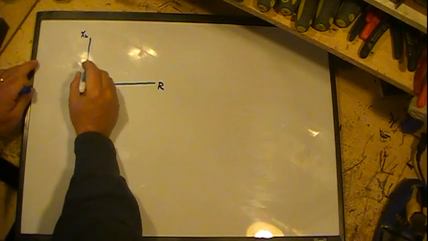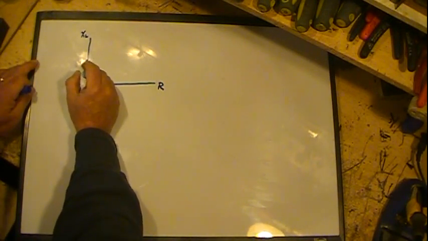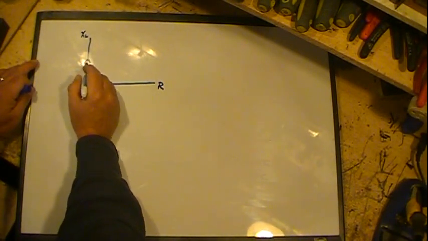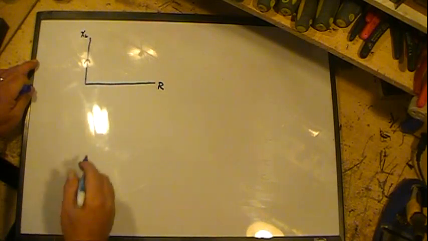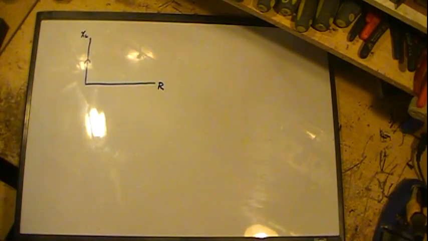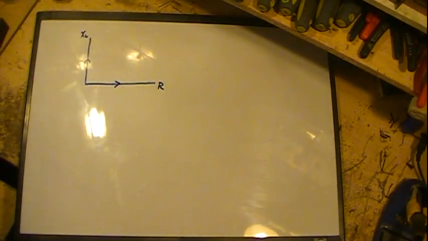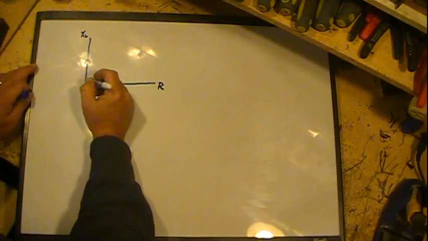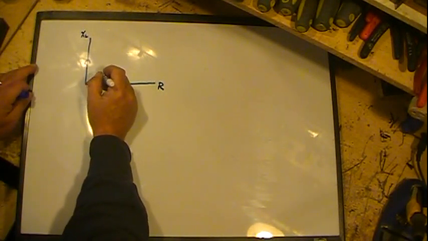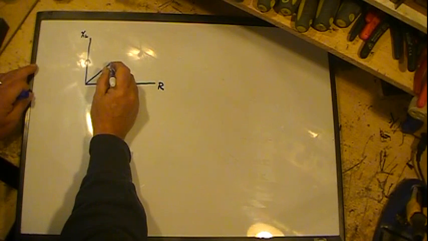Now if I have a certain amount, and we'll denote that with an arrow, of inductive reactance, it matters not what size at this point, and a certain amount of resistance, the impedance is this.